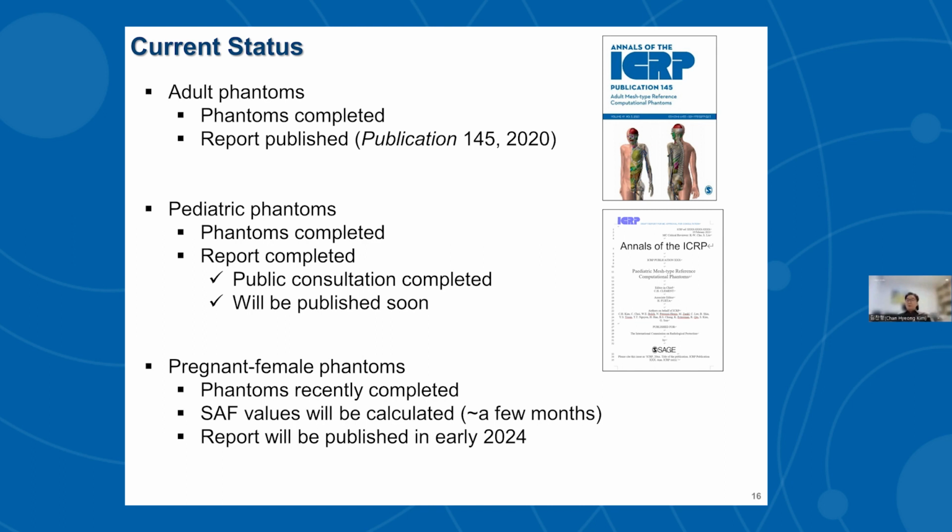This is because the new mesh-type reference computational phantoms are developed in a new geometry type, not voxel geometry, which is called tetrahedron mesh. The tetrahedron mesh is classified as unstructured volume mesh, which is almost ideal for phantom geometry, but not very familiar to many people in computational human dosimetry.